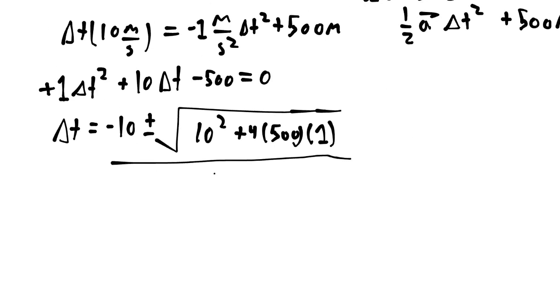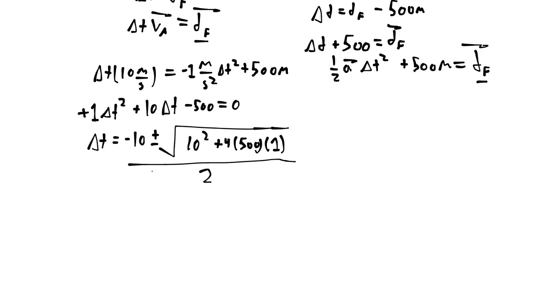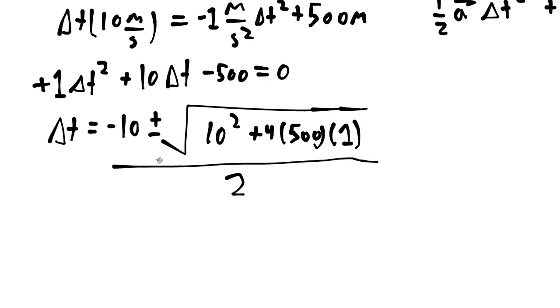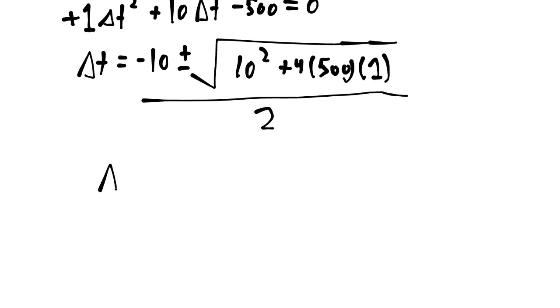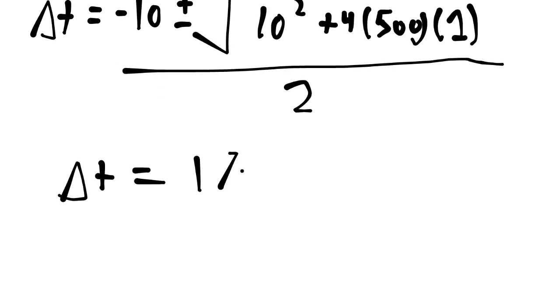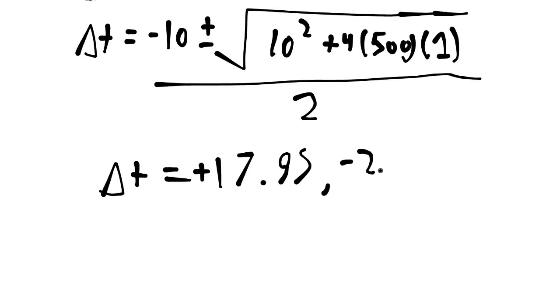And now you just put this number in your calculator, and you should get two numbers, because remember it's plus and minus, so you should get 17.9 seconds. So that's positive 17.9 seconds, and then negative 27.9.